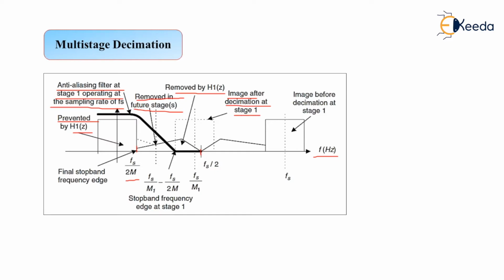This was actually the image after the decimation at stage 1, so a complete removal has been made here. Another image, before the decimation at stage 1, is also shown here. Here we have fs. So the formulation for the stop band frequency edge at stage 1 is shown in this illustration.